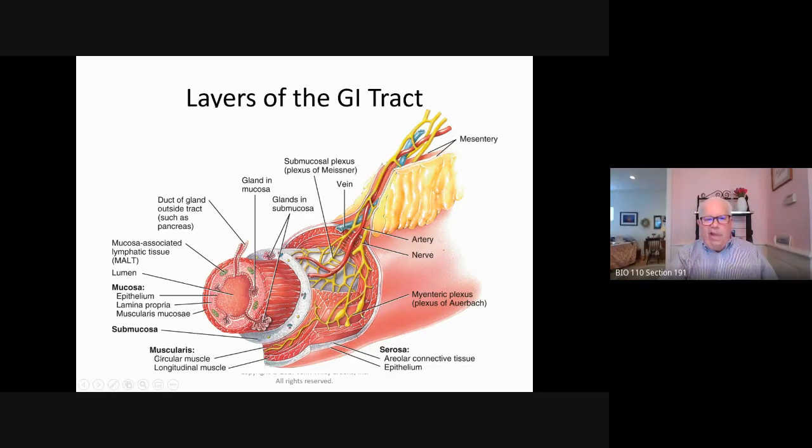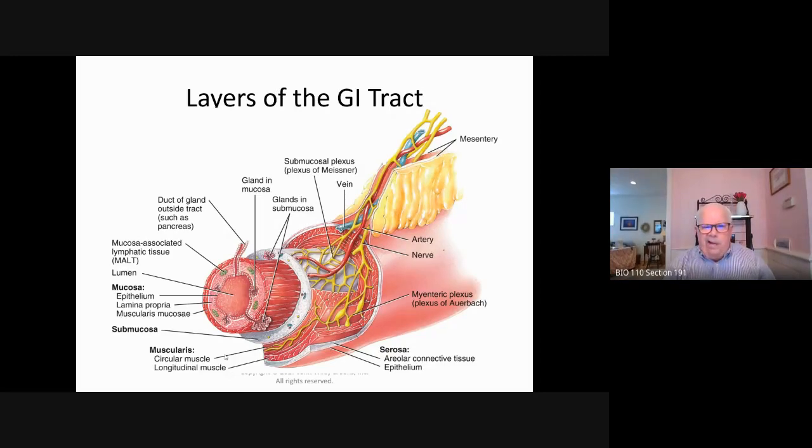Normally, there are 2 types of muscles in the muscularis of the GI tract: circular muscle and longitudinal muscle. However, in the stomach, there is a third layer of muscle, the oblique muscle.